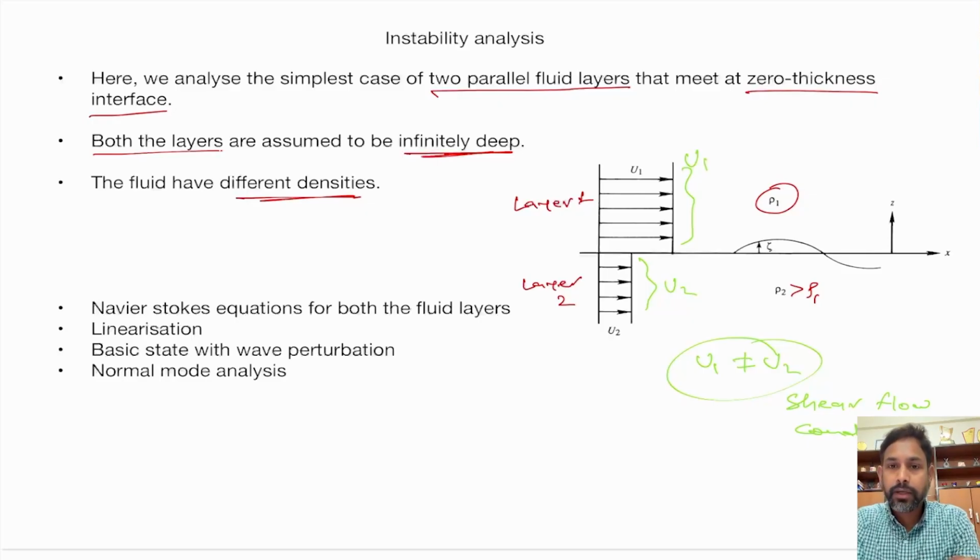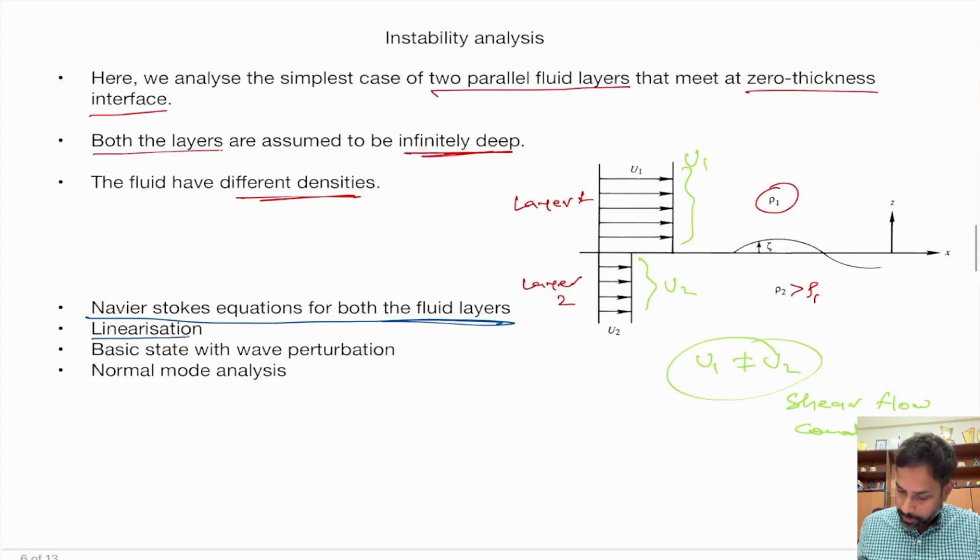So once we have defined these conditions for two different fluids of different velocities and different densities, we can start by writing the Navier-Stokes equation for both the fluid layers separately. Okay, and once we have written the Navier-Stokes equation, we can simplify it by assuming linearization, as we already did for the case of a surface wave, right? So you understand what linearization is, and then we tried to apply some perturbation to the basic flow, right?